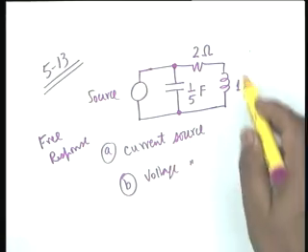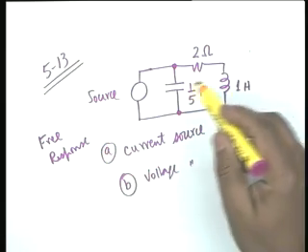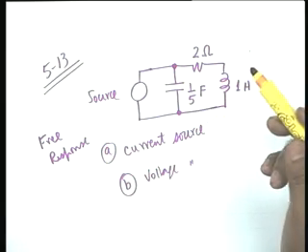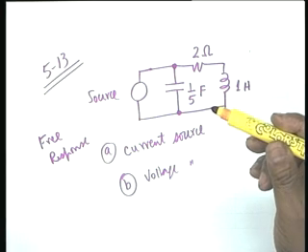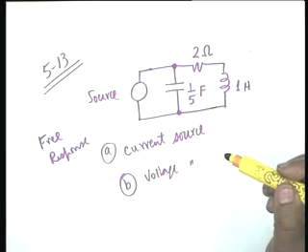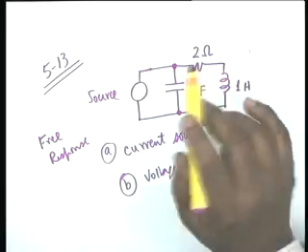The source is not specified to start with, it is connected across this circuit. You are required to find the form of the free response when the source is a current source and when it is a voltage source, and you shall see that the two free responses are quite different from each other. One is second order, the other is first order.